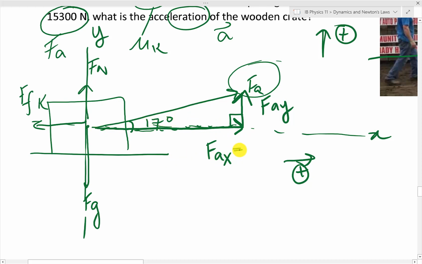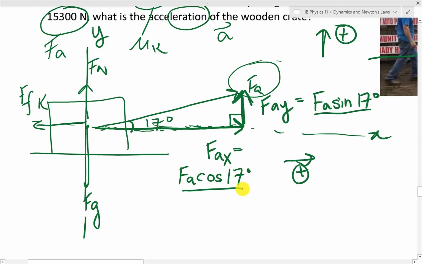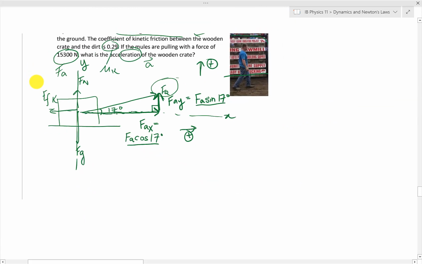So if we want to figure out Fax, this is our hypotenuse, Fa, multiplied by the cosine of 17 because we're interested in the adjacent side. Vice versa, for Fay, this is our hypotenuse multiplied by the sine of 17 degrees, because this is the opposite side. These two we will need in our follow-up equations.